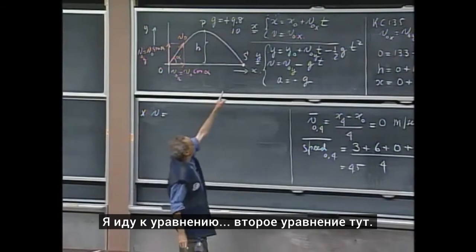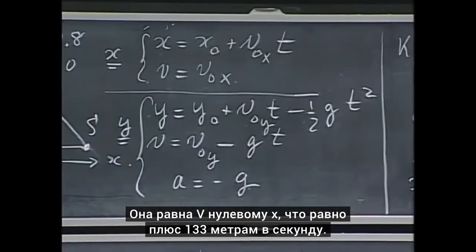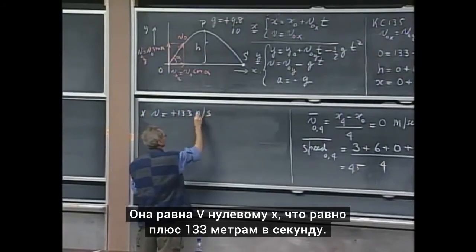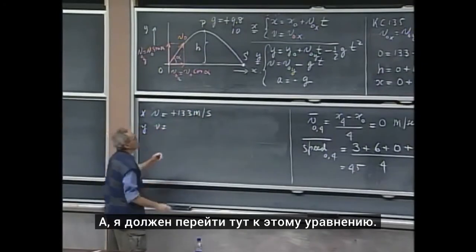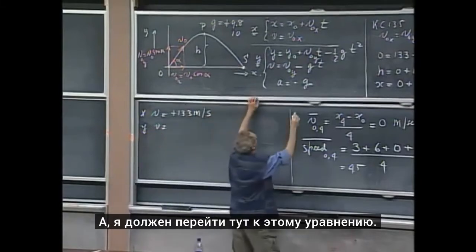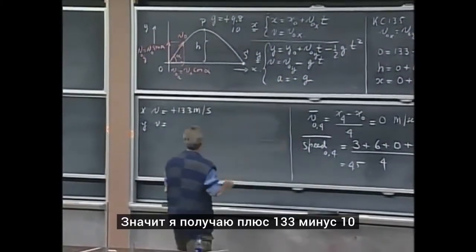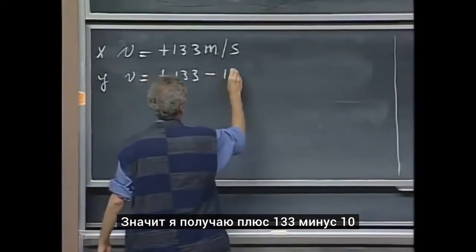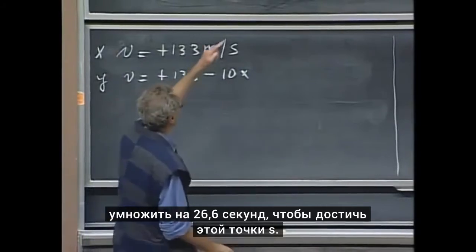I go to the second equation there. That is v0x. That is plus 133 meters per second. What is the velocity in the y direction? I have to go to this equation now. v0y minus gt. So I get plus 133 minus 10 times the 26.6 seconds to reach that point S.